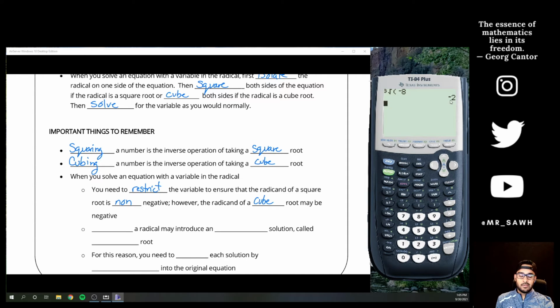So if I do -2 multiplied by -2 multiplied by -2, well, 2 times 2 is 4, times 2 gets me 8. The fact that I still have a negative means, well, 2 of them cancel, but I'm always going to have 1 left. So for any odd root, you can take the root of a negative.